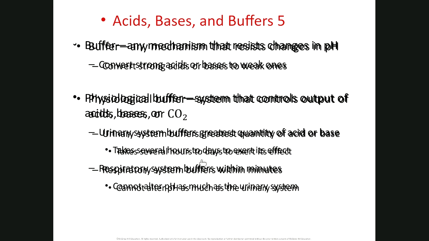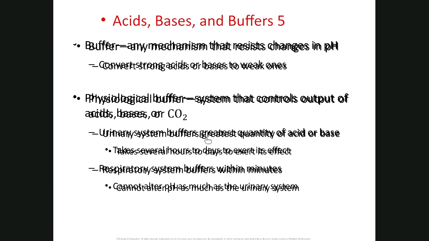Now, the difference between these is that the respiratory system is faster in response. You can right away do some balancing. The urinary system may take a few minutes before it actually balances, depending on how much blood is passing through the kidney. But the respiratory system is not as big a buffer changer as the urinary system.